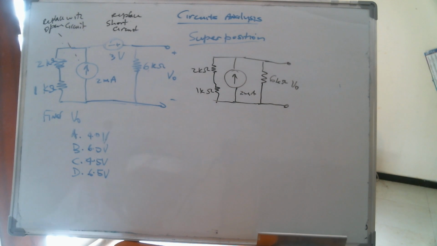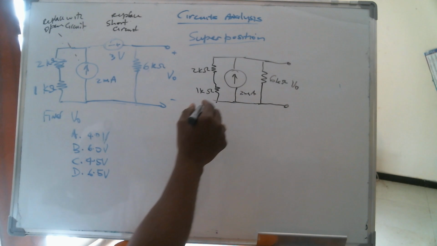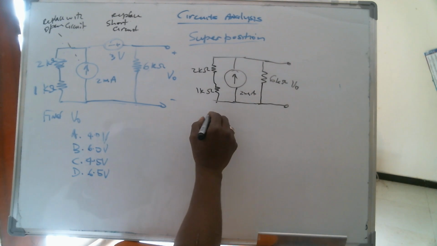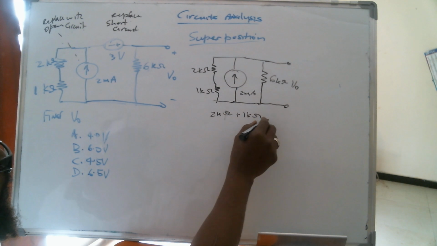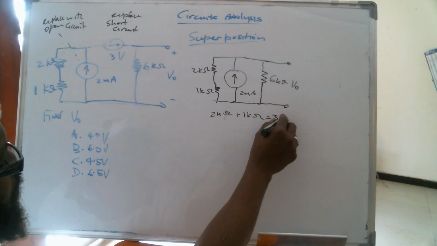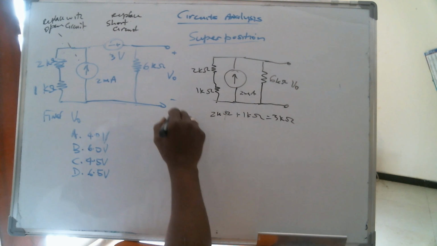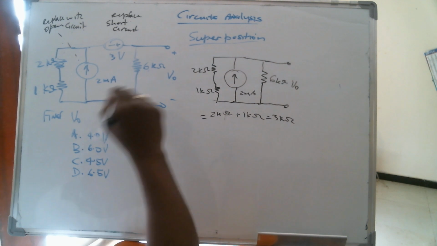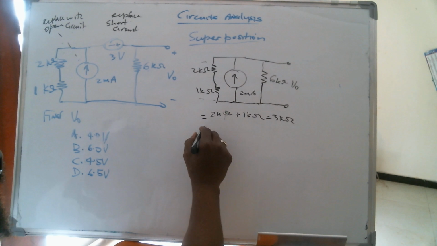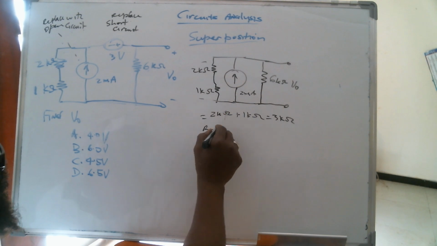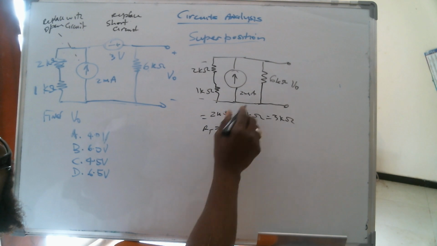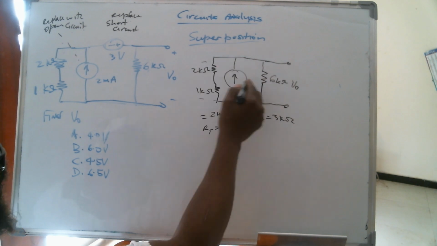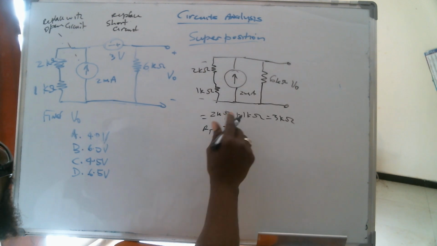2K plus 1K is 3K. So 2K ohms plus 1K ohm equals 3K ohms in this branch. And then R_T is equal to the product over sum of these in parallel: these two in series with the 6K in parallel.